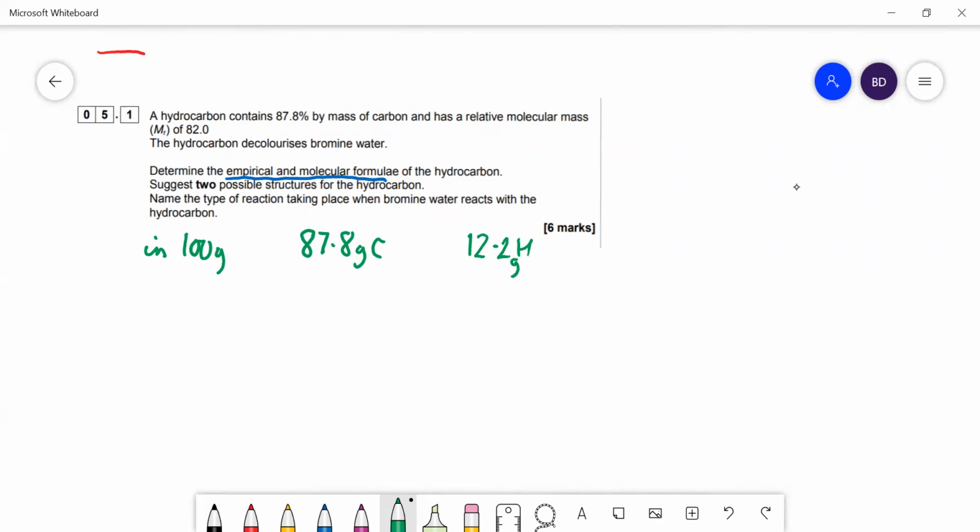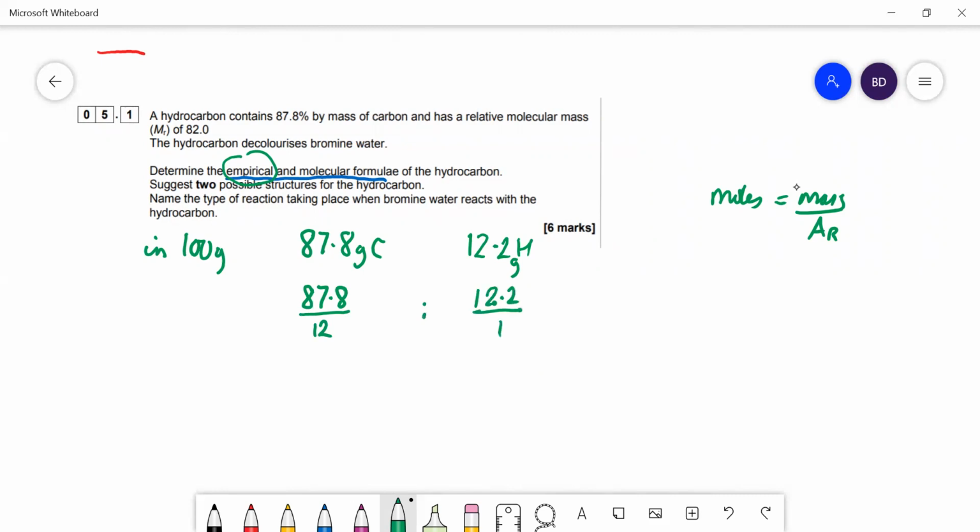Right, to work out the empirical formula, we need the ratio of moles. So moles is equal to mass over Mr. Well, it's Ar in this case because we're talking about atoms. So how many moles of carbon have we got? We've got 87.8 divided by the Ar of carbon, 12, to 12.2 divided by 1 for hydrogen.